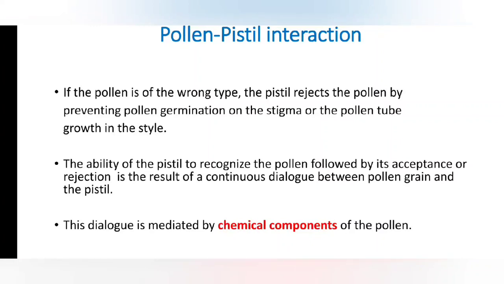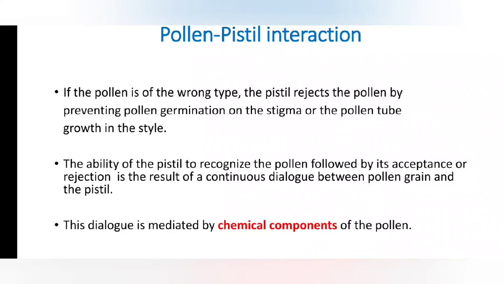So, though the pollen grains come and land on the stigma, the stigma is present in the pistil, so the pistil rejects the pollen. How does it reject? By preventing pollen germination. It doesn't allow the pollen to germinate on the stigma or the pollen tube to grow in the style. So, on the stigma, it prevents pollen germination.